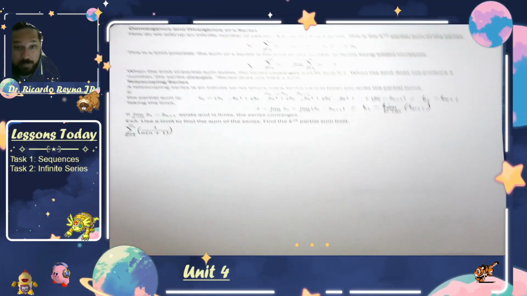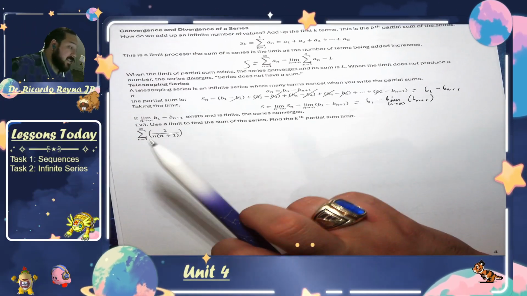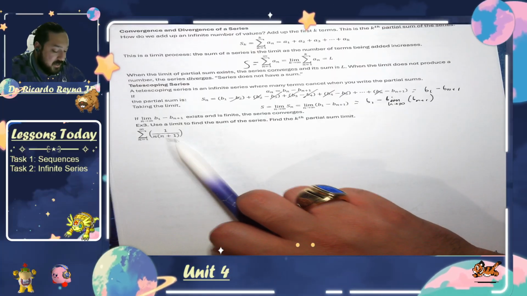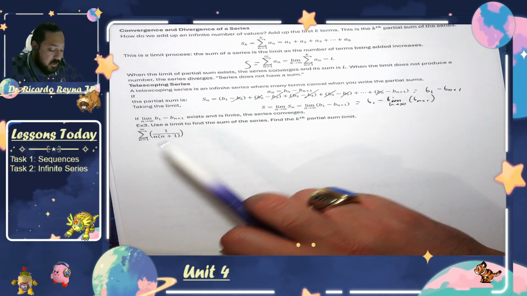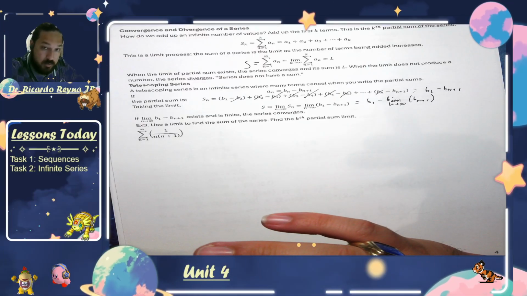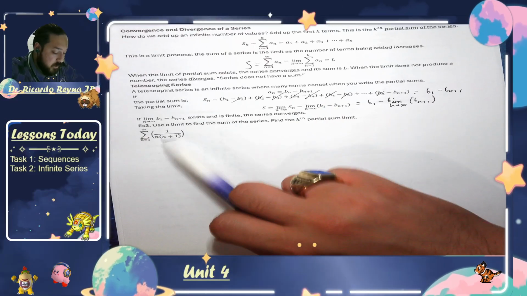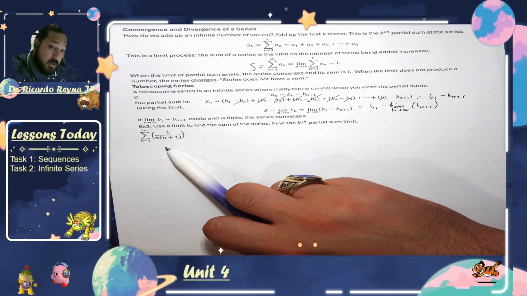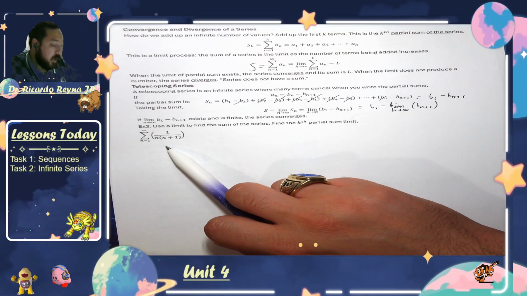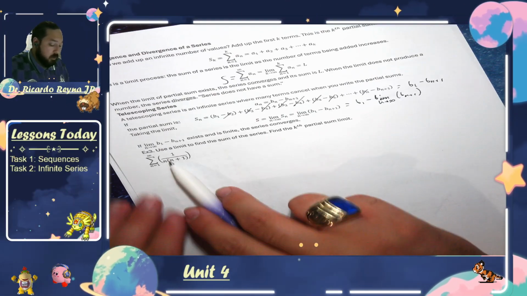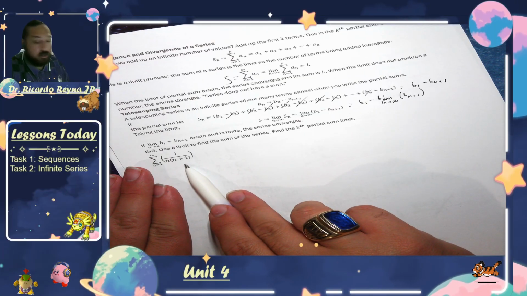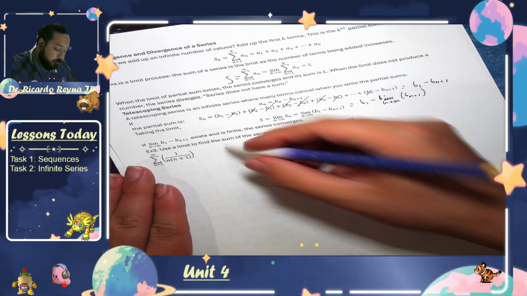So let's start here. And again, we have that technicality. We do not see how this works right away. But we're going to use the idea of a telescoping series to figure this out. And we're also going to use something we reviewed, partial fraction decomposition. Recall that this is just a factored expression on the bottom.